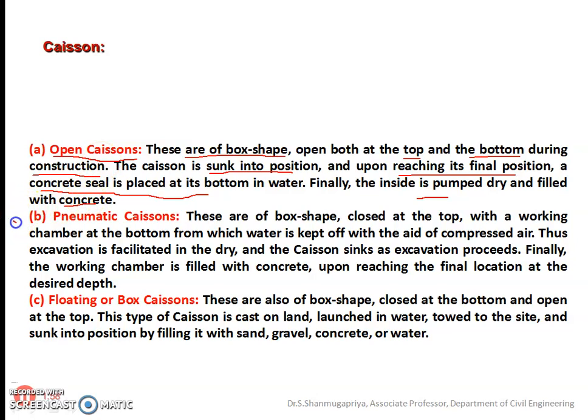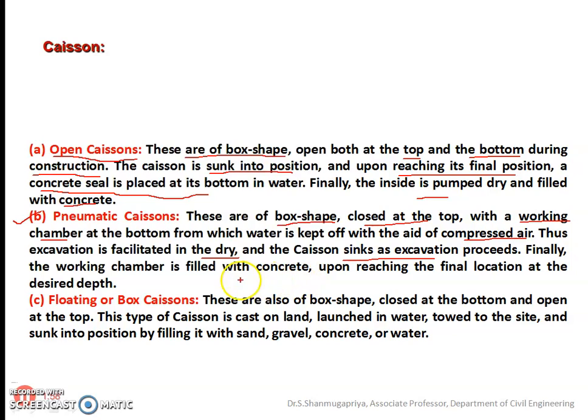The second one is called the pneumatic caisson. Pneumatic caissons are also of box shape, but they are closed at the top and they have a working chamber at the bottom, from which the water is kept off with the aid of compressed air. Here the excavation is done in a dry environment, and the caisson sinks as you proceed with the excavation.